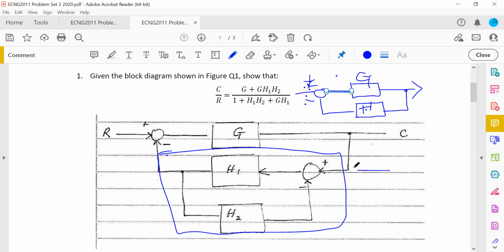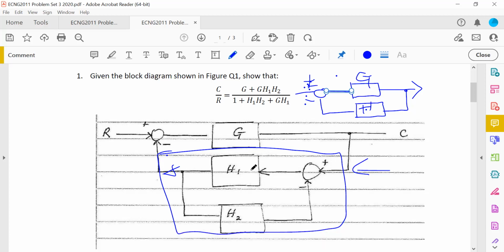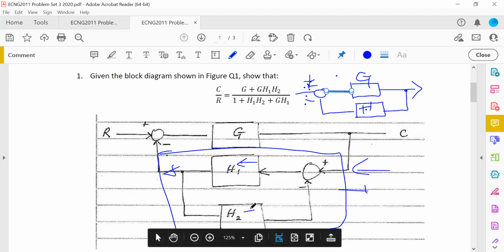So the input is here and the output is here, and the feedback, of course, is coming through from output to input. Once you recognize that, then you can simplify this. This is the forward block. This is the feedback block.